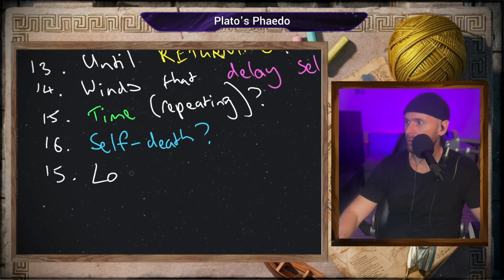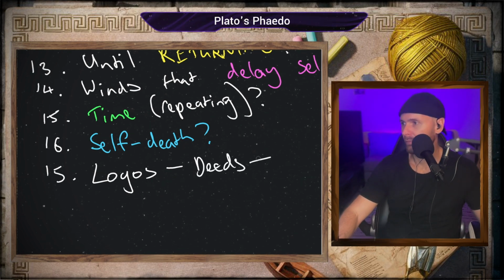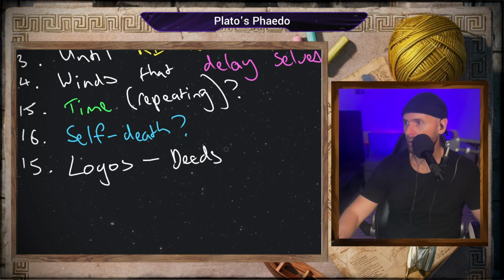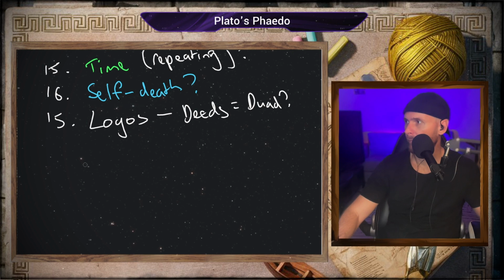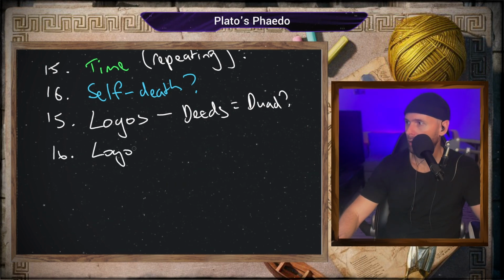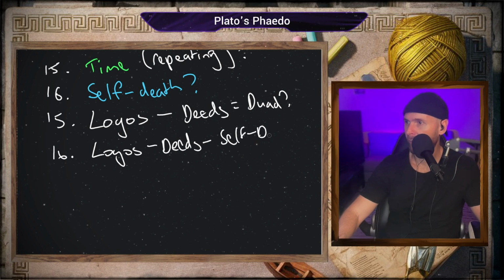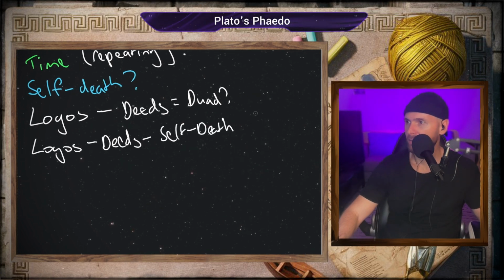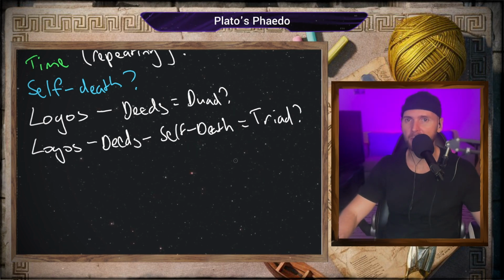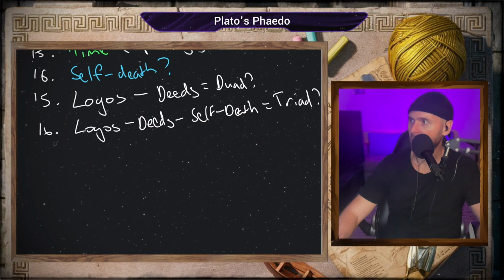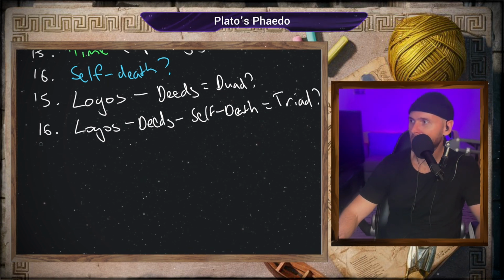And logos, deeds, equals duad. Or logos, deeds, self-death. Is that a triad? The more we can populate our skill trees, the better. And our skill trees are patterns of 2s, 3s, 4s, 5s. If you fancy a 6. If you're really fancy, maybe you can squeeze a 7 in there.